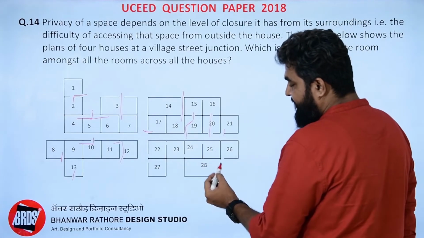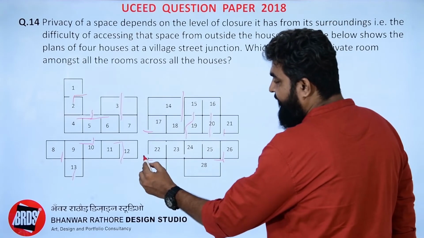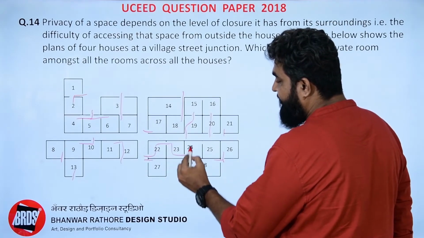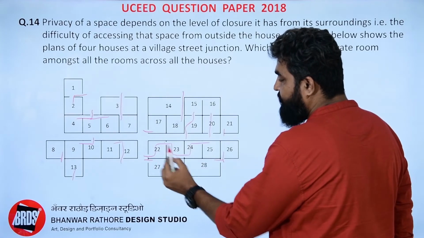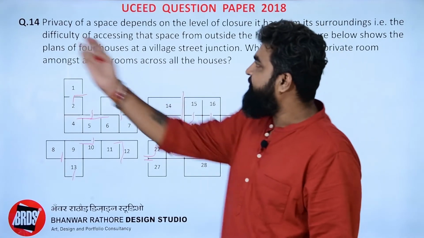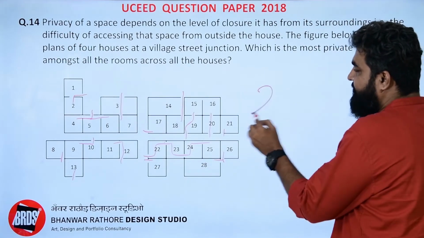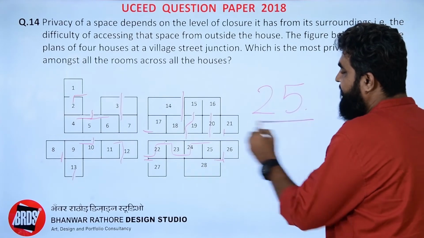Now in this one, 26, 28 and 27 are direct, but from 22 to reach 25, we have to cross almost 1, 2, 3 and 4 doors. So based on that, the privacy of 25 will be the greatest. So the right answer for this question will be 25.